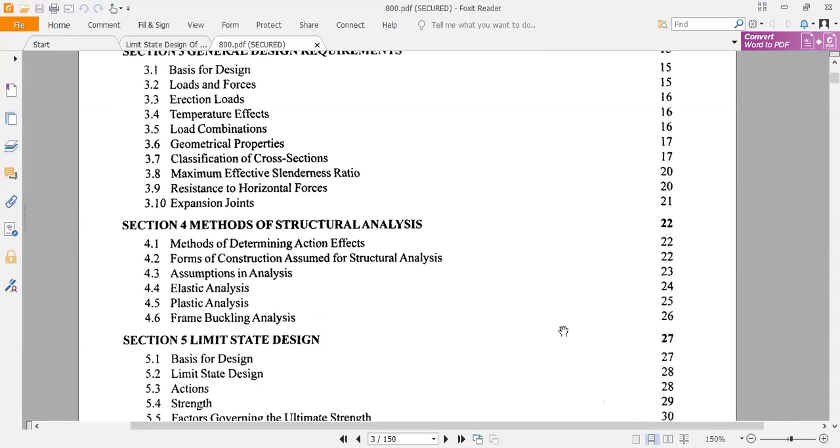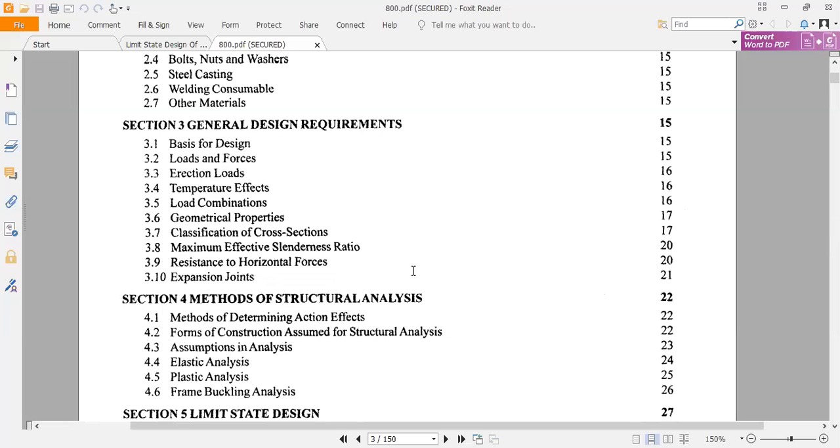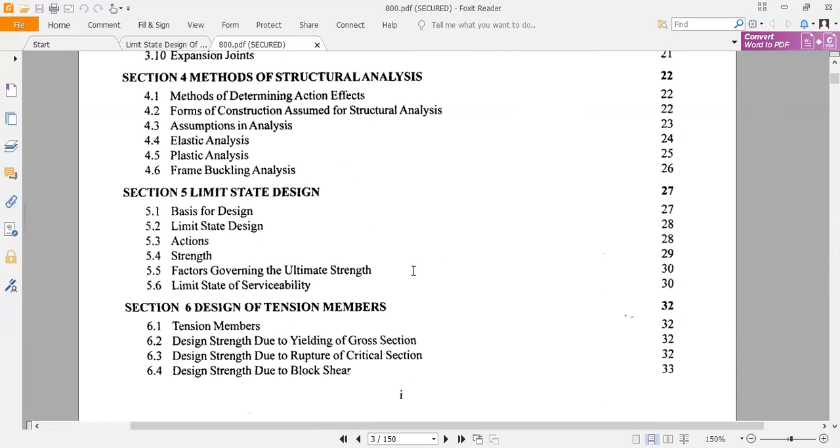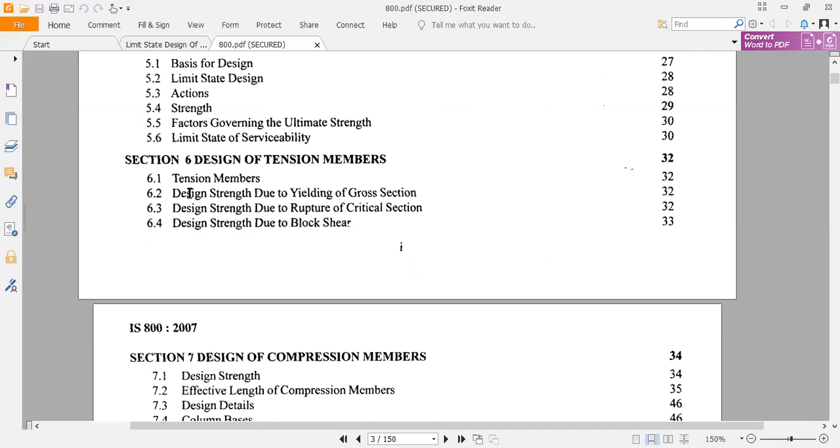If you can find the tension member, then find that formula. Tensile strength of plate is on page number 32.